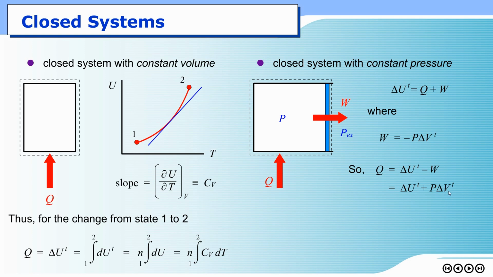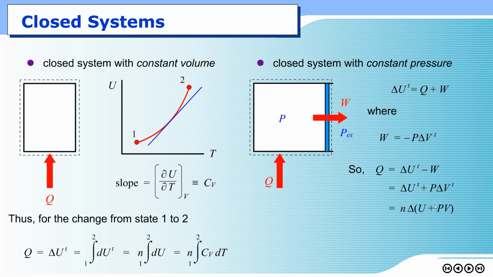If it is inside, delta PV total is basically pressure times V2 total subtracted by pressure times V1 total, right? Then I can take delta out, merging these two terms together to get U plus PV.